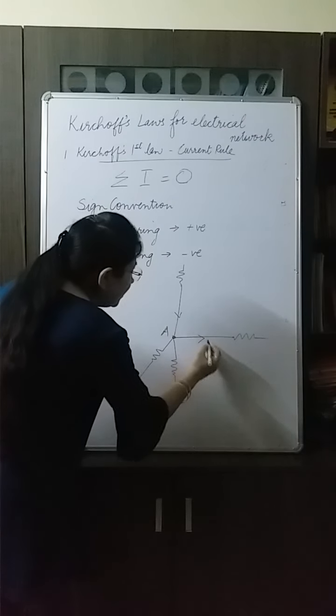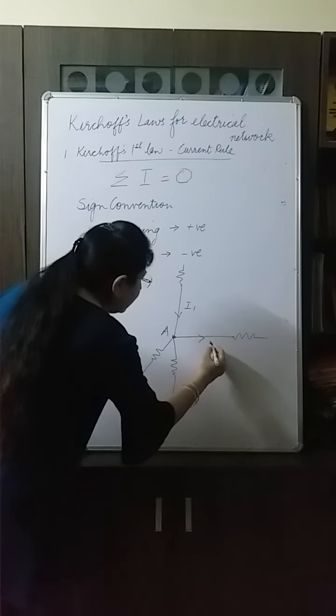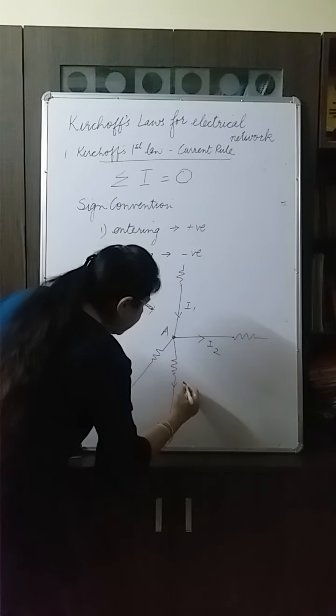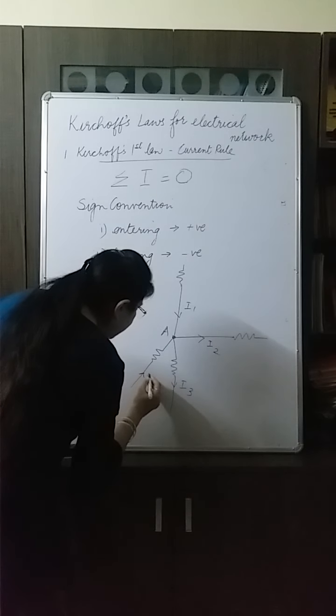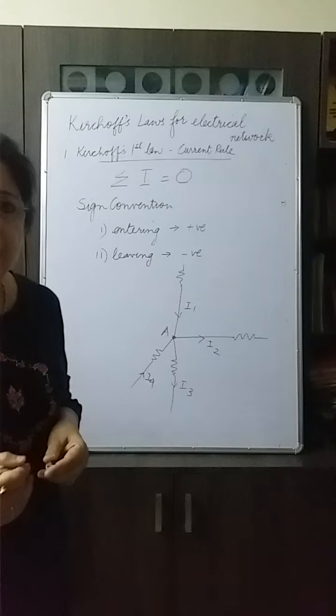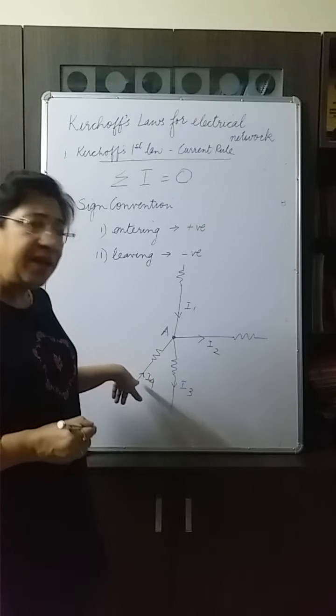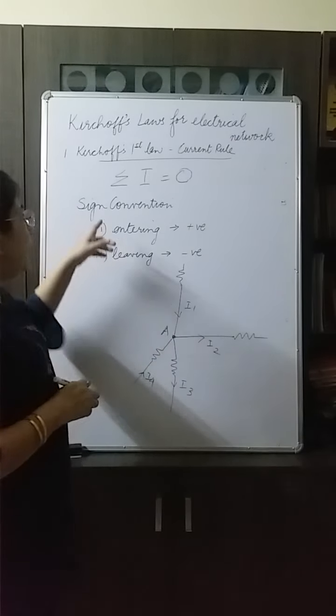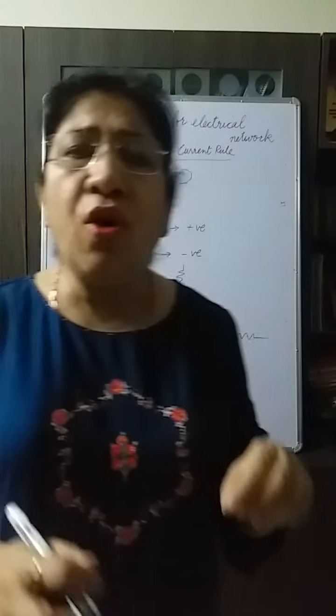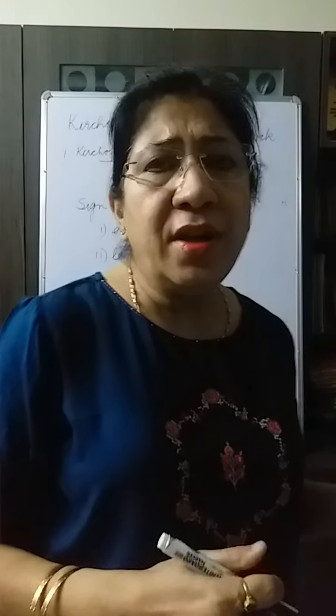Let us see the currents here. I have marked here 4 currents, I1, I2, I3 and I4. Let me apply Kirchhoff's first law to this junction A.